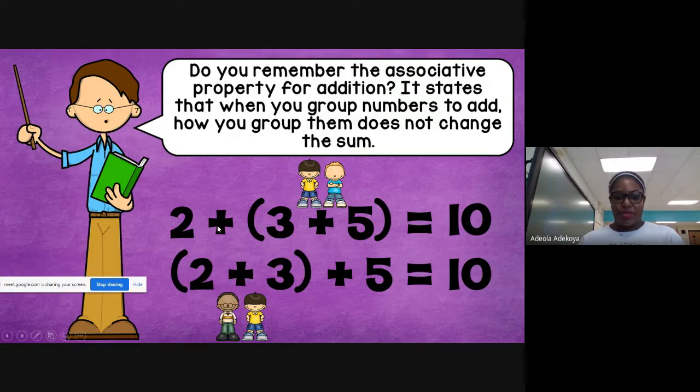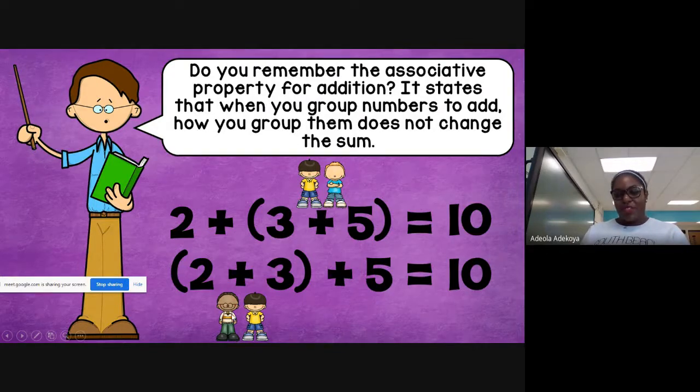Here we've got 2 plus, and then we've got parentheses 3 and 5 equals 10. We always work with the parentheses first. So 3 plus 5 will be 8, plus 2 is 10. And then here in parentheses, we've got 2 plus 3, which is 5, plus 5 is 10.